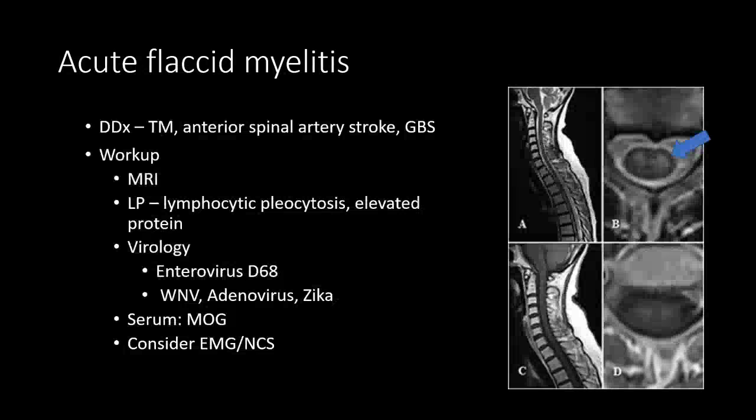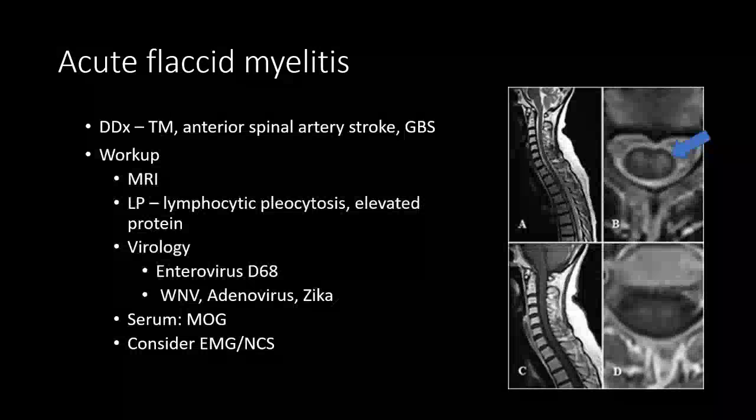Some patients may also have some white matter involvement or some cord edema, and that may be relevant for how you're going to treat these patients, which we'll talk about in a little bit. These patients should get a spinal tap, and they will commonly have a lymphocytic pleocytosis as well as an elevated protein, so you should be able to distinguish between a stroke and GBS based on your CSF studies.